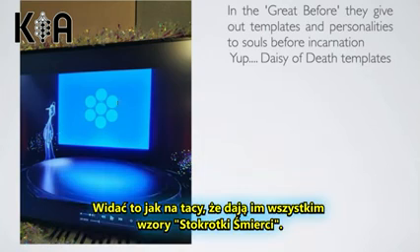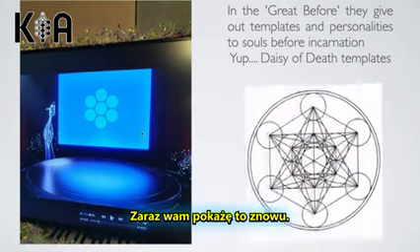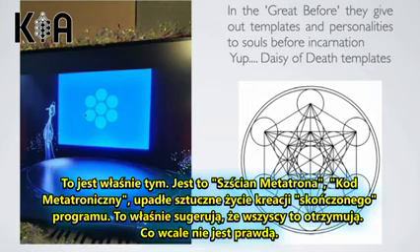And lo and behold, yep, they're giving them all Daisy of Death templates. Now, just to show you, that's what this is. This is Metatron's cube, the Metatronic code, fallen creational, artificial life, finite program. That's what they're suggesting everybody gets, which is not true at all.